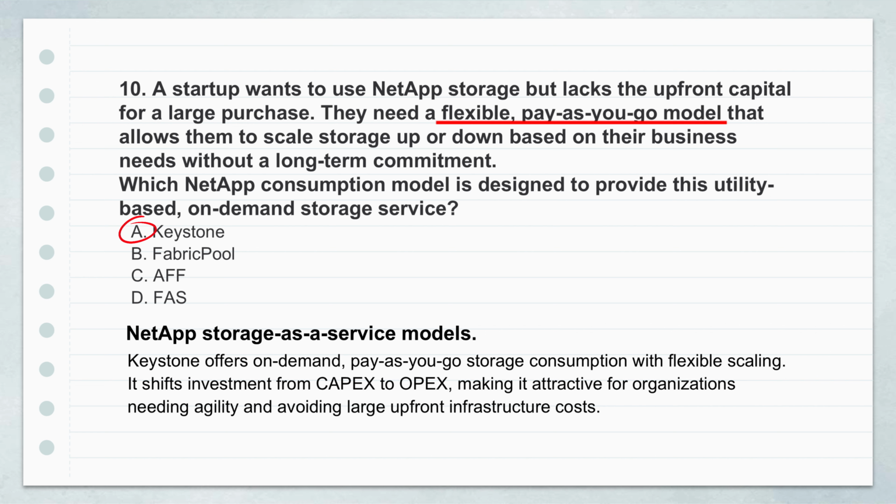It provides a utility-based, on-demand storage service. It offers remarkable flexibility to scale storage up or down based on real business needs, without a long-term commitment or that massive upfront CapEx hit. Shifting from CapEx to OpEx. Exactly. This makes it incredibly suitable for, say, startups or maybe larger organizations that just prefer OpEx, operational expenditure, over CapEx, capital expenditure. It aligns IT costs directly with actual usage.